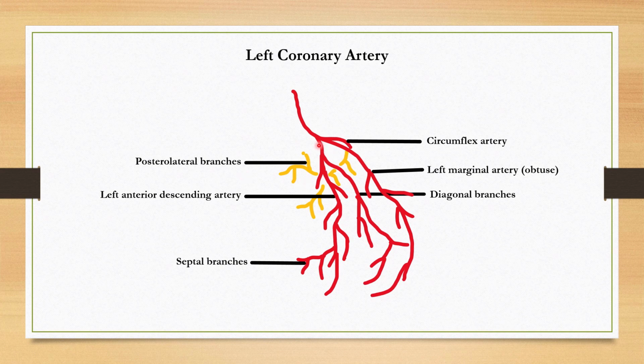The next branch is a very important branch, and you can see it covers almost a huge part of the heart. That is the left anterior descending artery, which gives rise to the diagonal branches and also the septal branches. We'll talk about each one in detail.